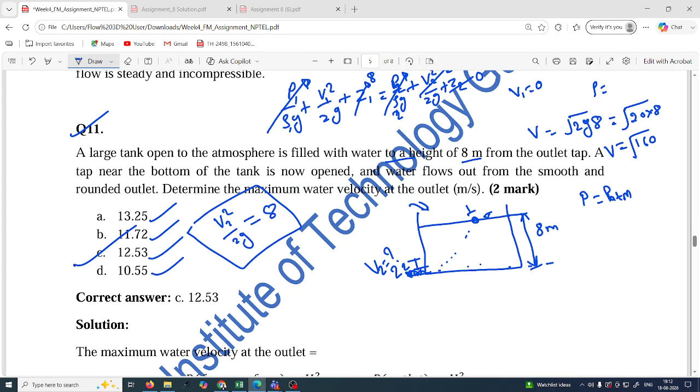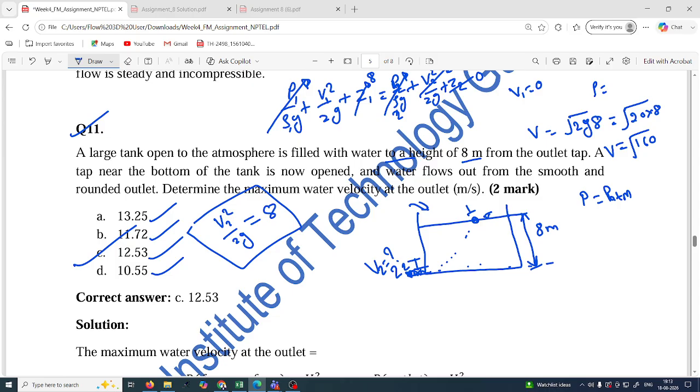In the question there is no clue for the coefficient of velocity. For an objective question you have to be very clear. This is not a conventional question, like a mains exam or university exam. In an objective question, whatever data is given, you have to look at that only.